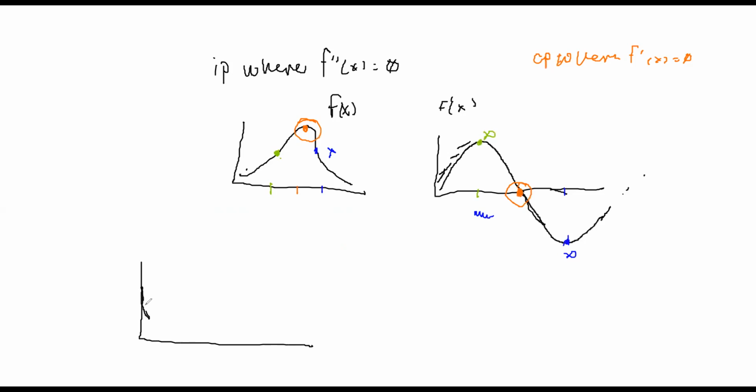So it goes something like this. And then it goes negative, and it hits its most negative, and then it becomes less negative, and then it hits 0. And then it's positive. So this is kind of what the second derivative is going to look like.